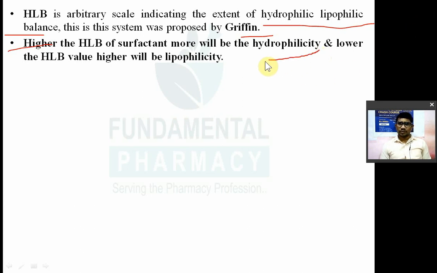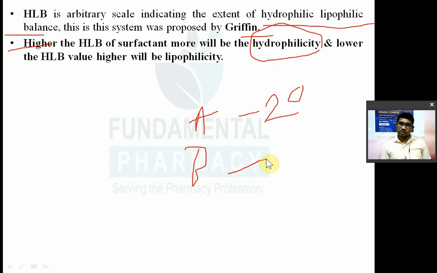So higher the HLB value of surfactant, more will be the हाइड्रोफिलिसिटी. इसके ऊपर क्वेश्चन आ चुका है ना. सिंपली अगर कोई कंपाउंड का HLB वैल्यू जैसे मान लीजिए, compound A has an HLB value of 20, compound B has an HLB value of 5. So this compound A is a hydrophilic molecule.